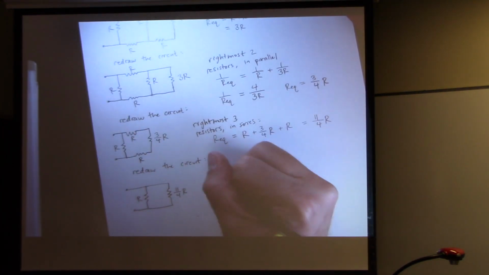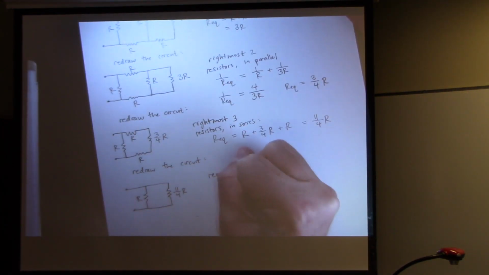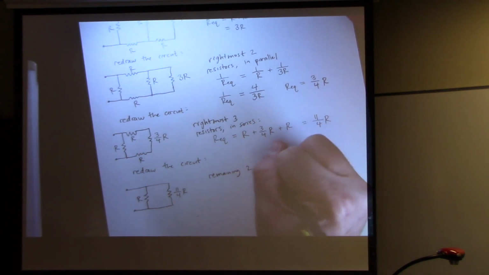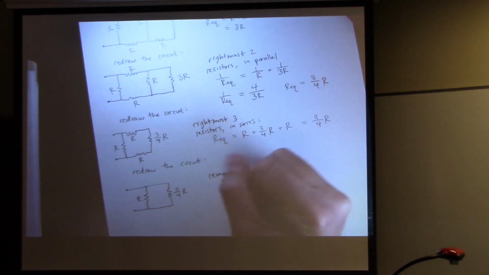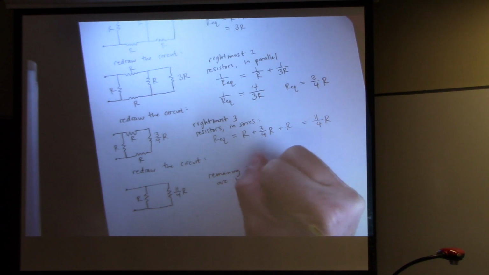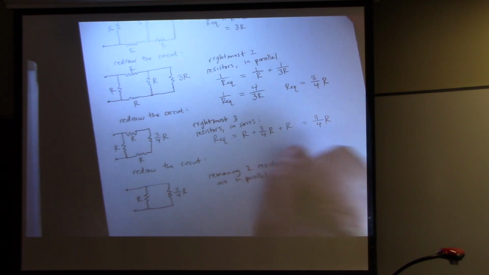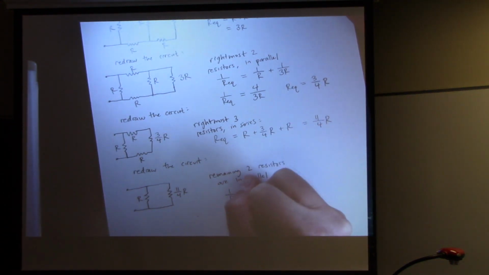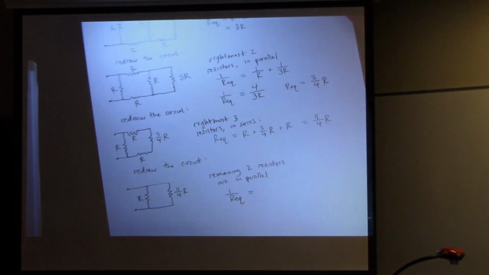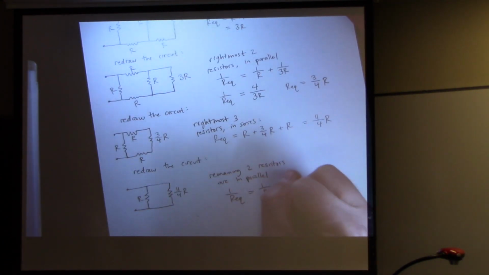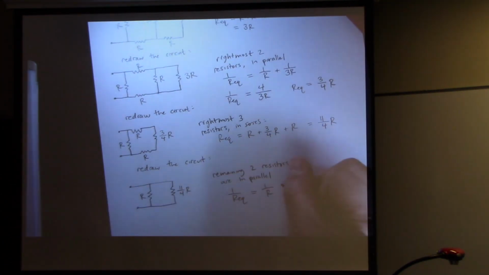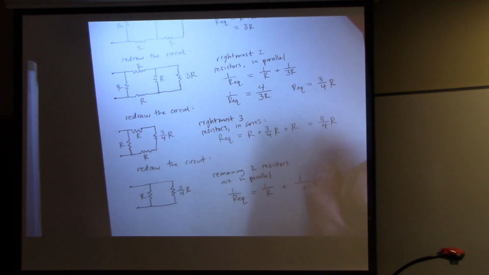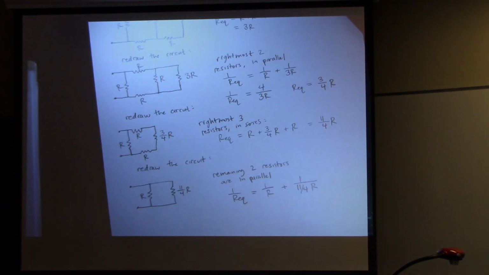So the remaining 2 are in parallel. And that means 1 divided by the equivalent resistance is equal to 1 divided by R for this one, plus 1 divided by 11/4 R for this one.